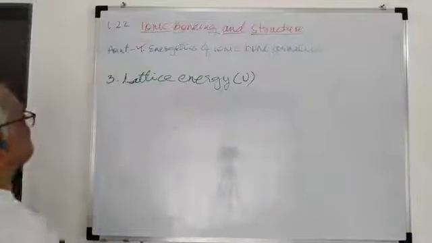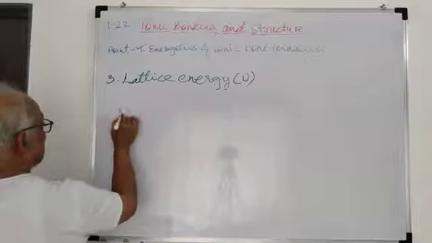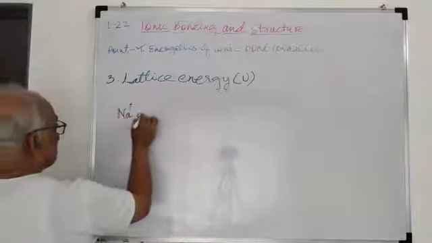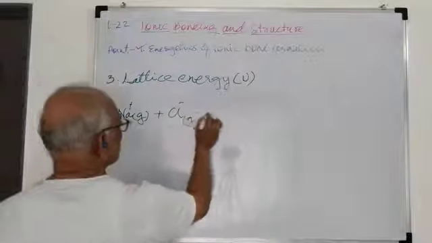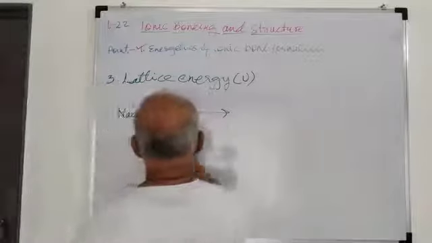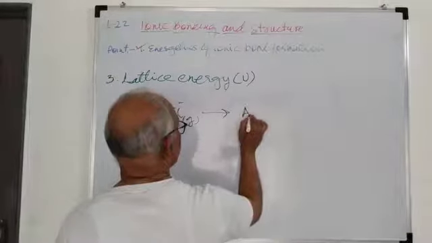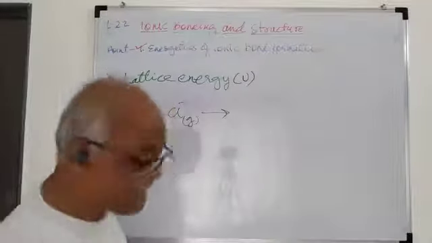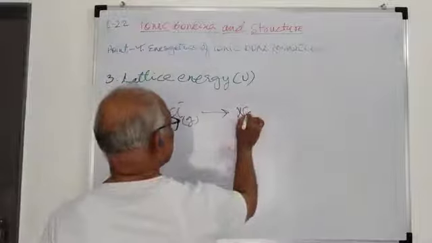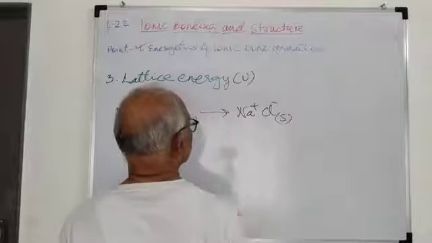Taking the previous example, the formation of Na+ in gaseous state plus Cl- in gaseous state. When the cations and anions combine, they give Na+ and Cl- ions in the solid state.